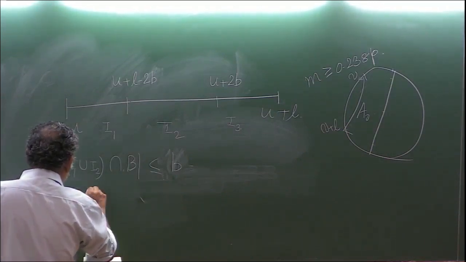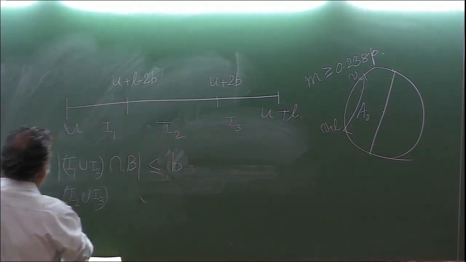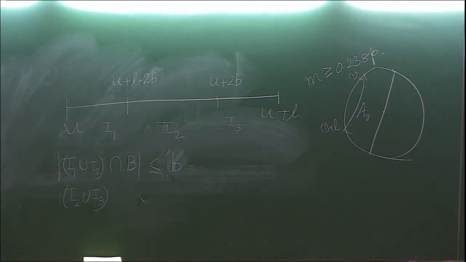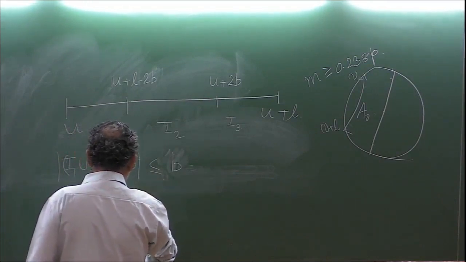I2 union I3 also is an interval of length 2b, and therefore that also can contain only b elements.